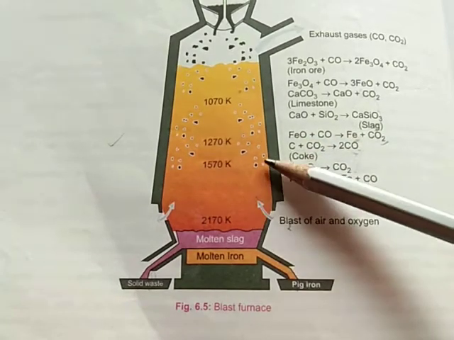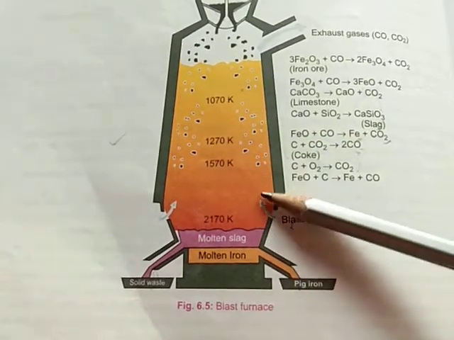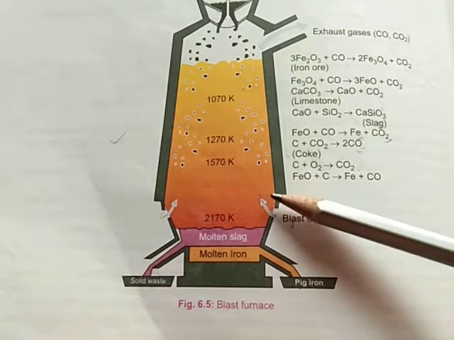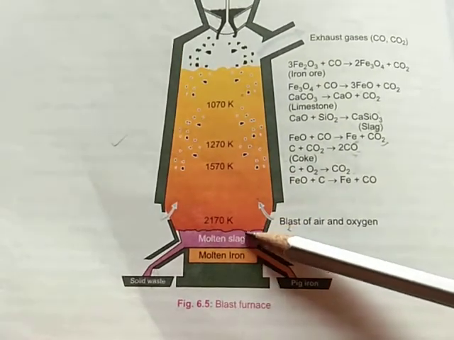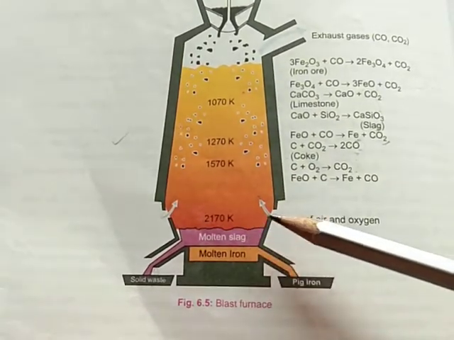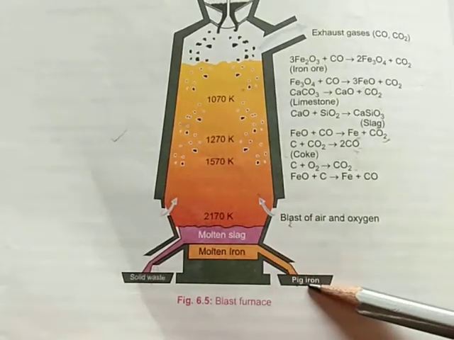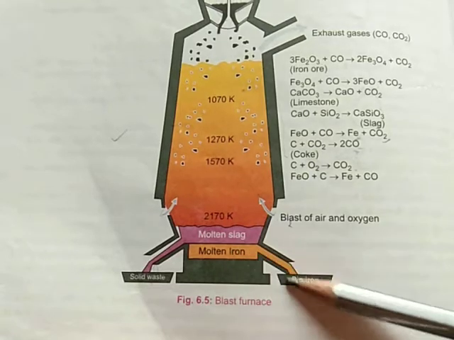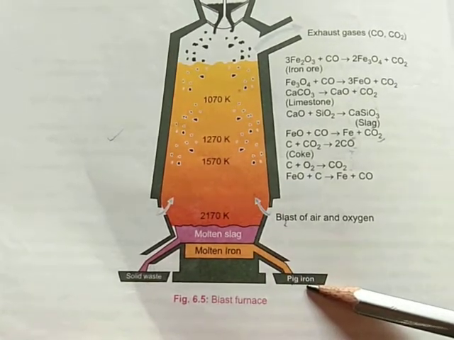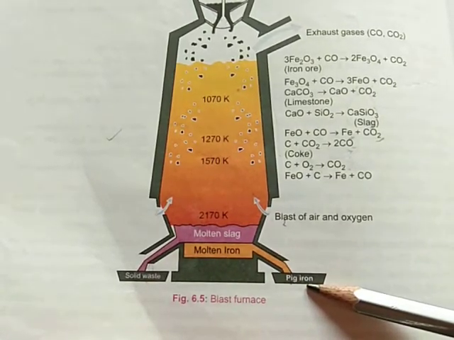This molten iron dissolves some carbon, silicon and phosphorus and forms the lower layer at the base of the furnace. Here it is formed. This is molten iron and it is called pig iron. It is also called cast iron.